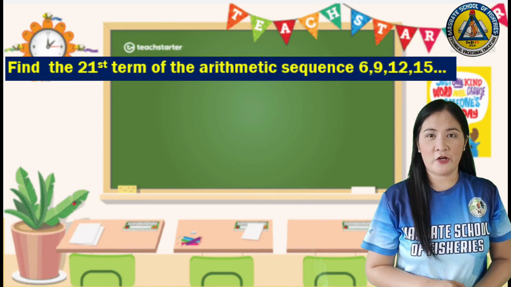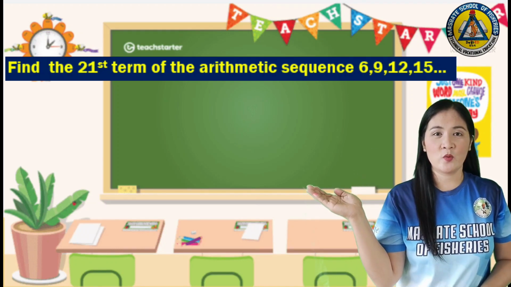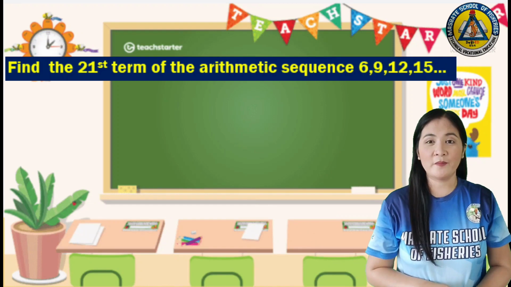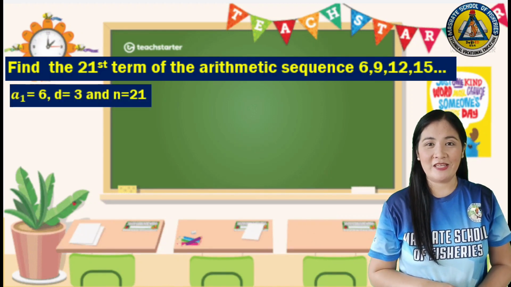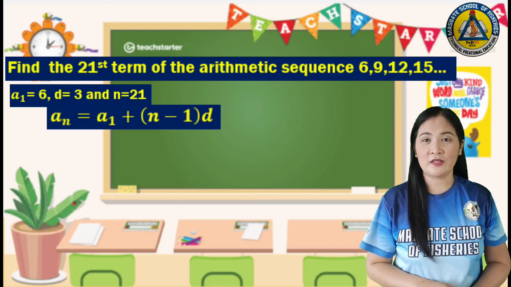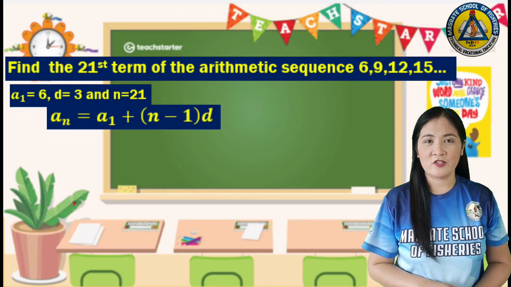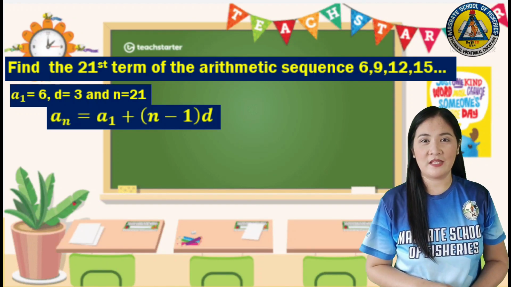Find the 21st term of the arithmetic sequence 6, 9, 12, 15. From the sequence, a sub 1 is equal to 6, d is equal to 3, and n is equal to 21. Using the formula, substitute the given values. A sub n equals a sub 1 plus n minus 1 times d.